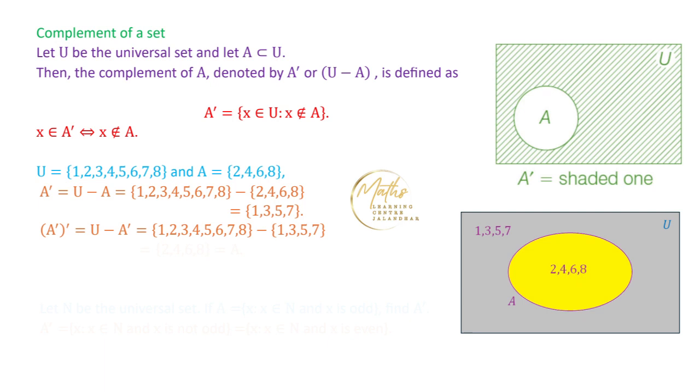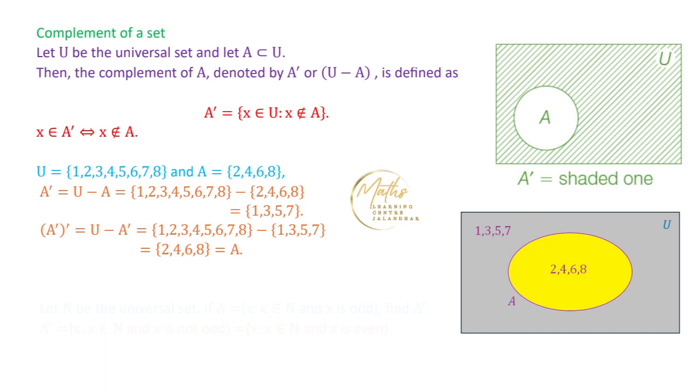When we calculate this value, we are removing the elements of A complement from the universal set. We are removing 1, 3, 5 and 7. So what we are left with is 2, 4, 6, 8, and that is equal to A. It means the complement of set A is the portion outside A, and the complement of this portion outside A is the set A itself.